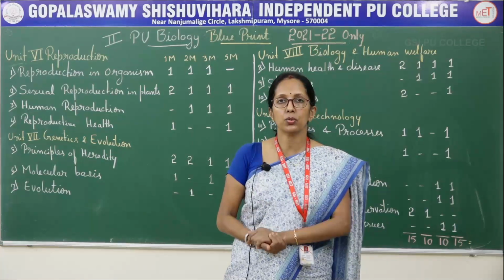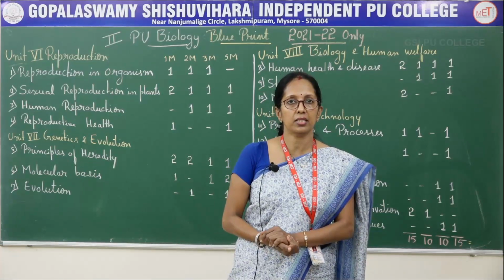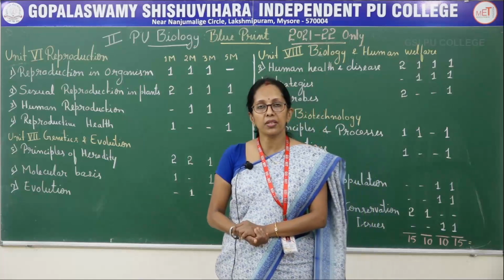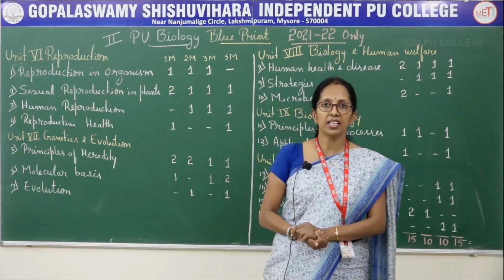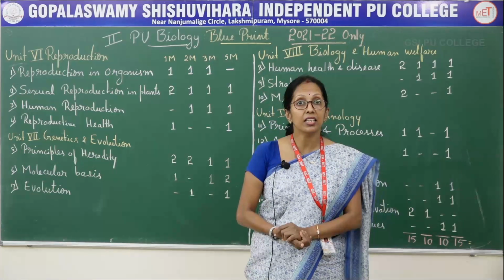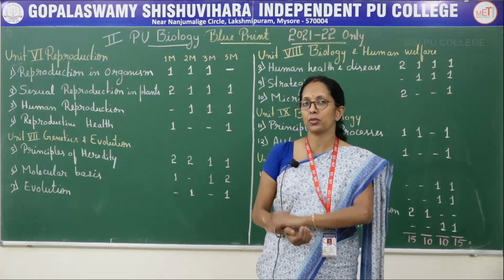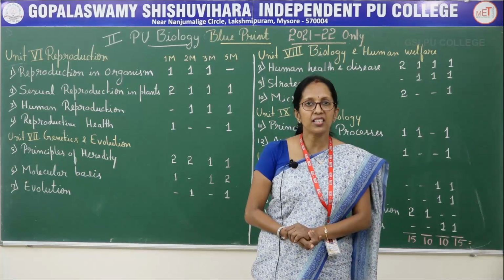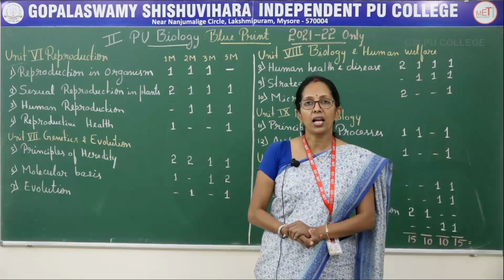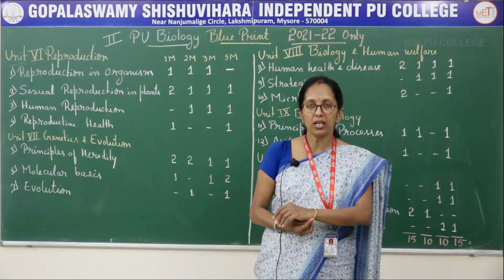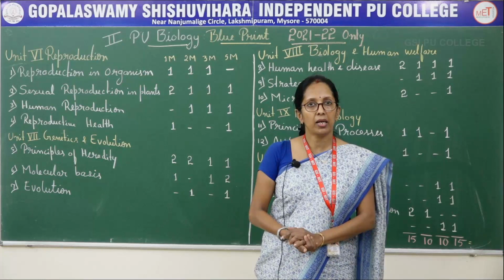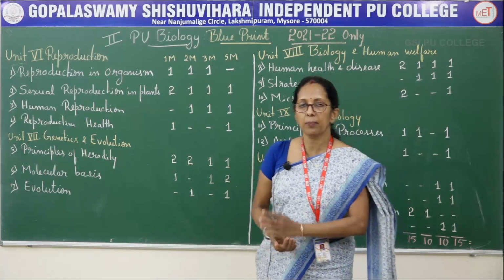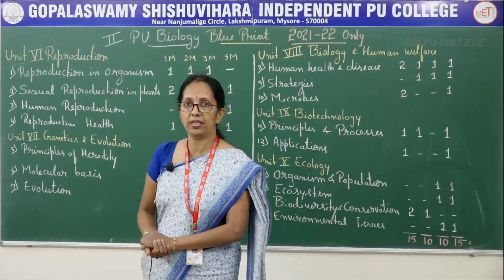Along with that we understood incomplete dominance: appearance of an intermediate character in the F1 generation due to the presence of a partially expressed dominant gene. And then we understood multiple alleles. What are multiple alleles? Pleiotropy, polygenes with examples.